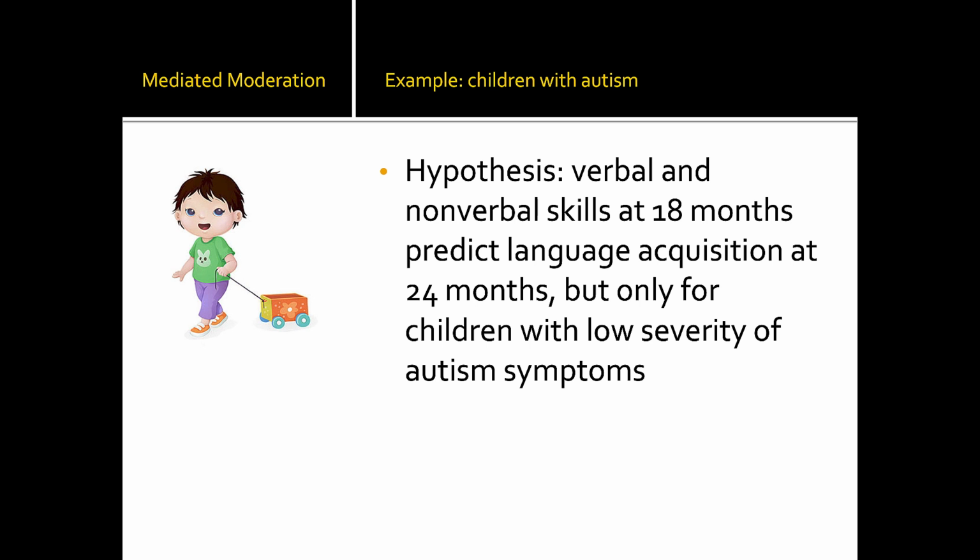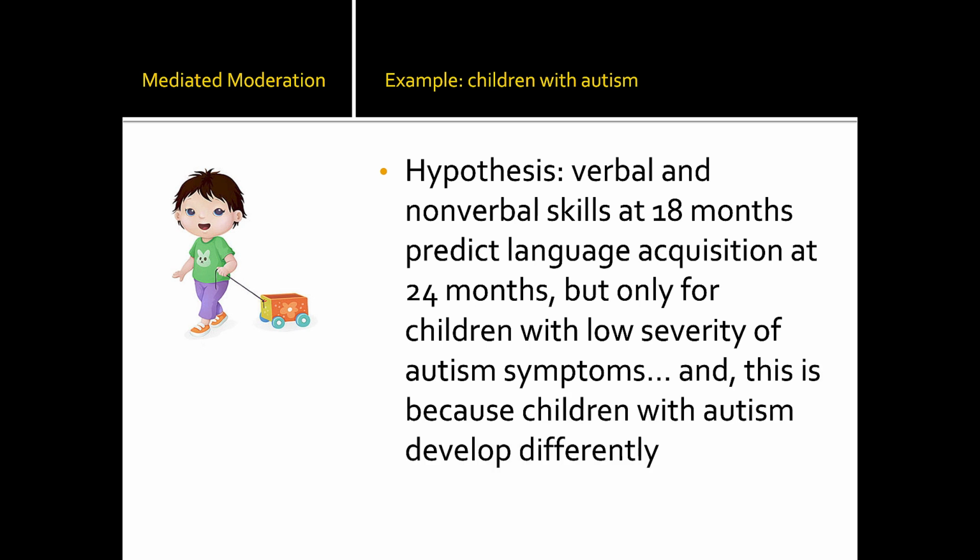So here's the autism example. We have verbal and nonverbal skills at 18 months. That's our skills variable, predicting language acquisition at 24 months. The moderator was severity of autism symptoms. So we have the effect only occurring for children with low severity of autism symptoms. That was our moderation setup.